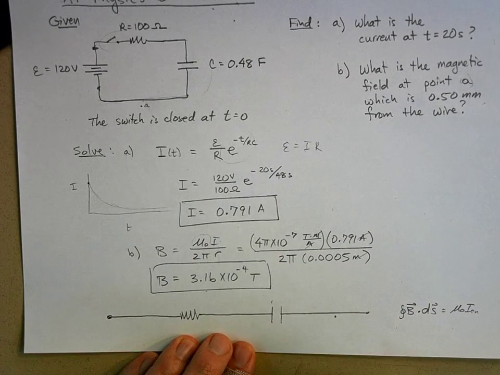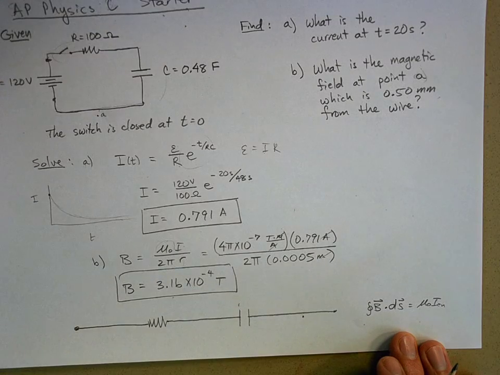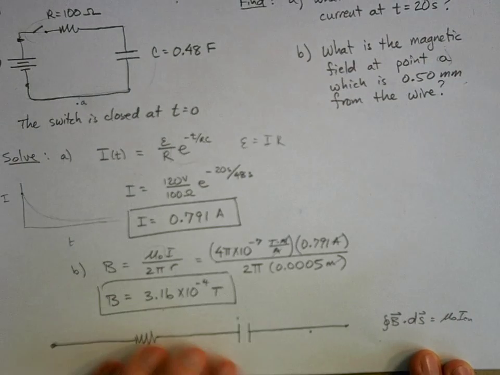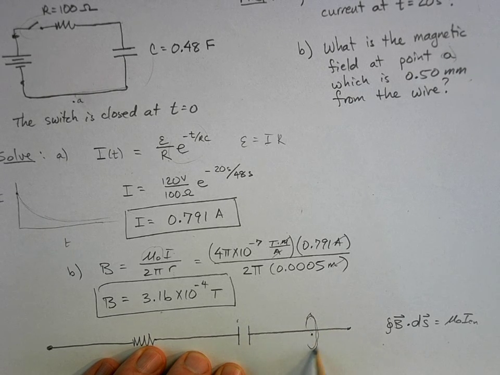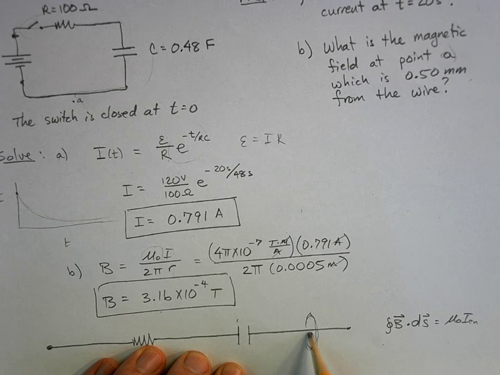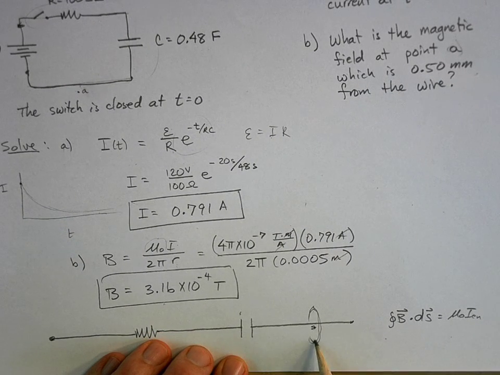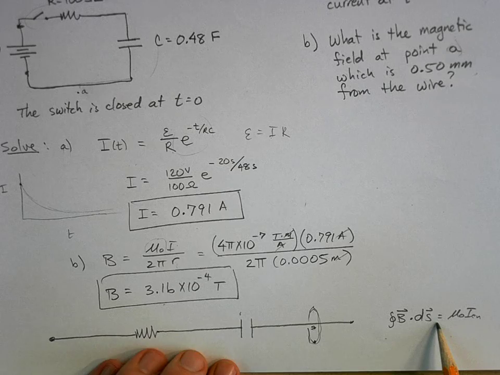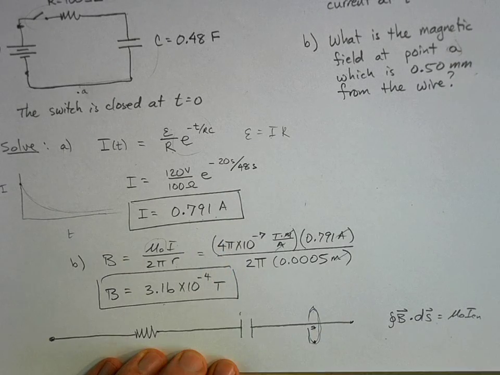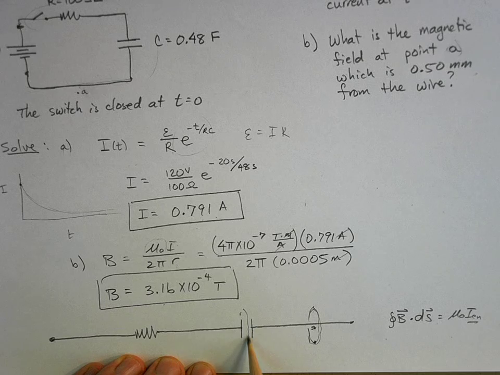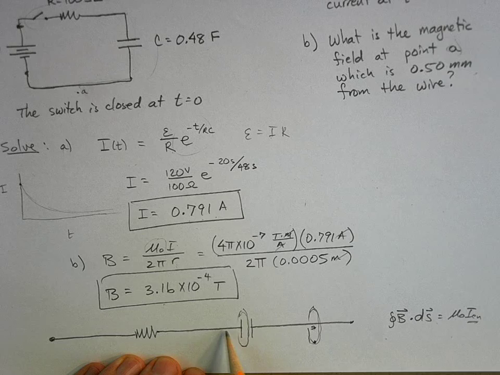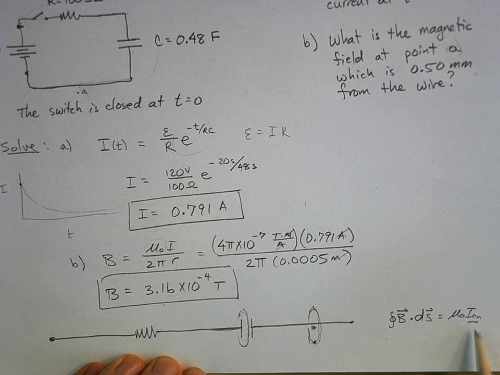If I drew a little Amperian loop around, let's pick some distance out here, let's put my point A right here, just to make it bigger, it's pretty obvious what current I have enclosed. We figured it out. It's 0.791 amps at 20 seconds anyway. So that's the current enclosed. What if I drew my loop right here around the capacitor? What's the current enclosed by this loop?